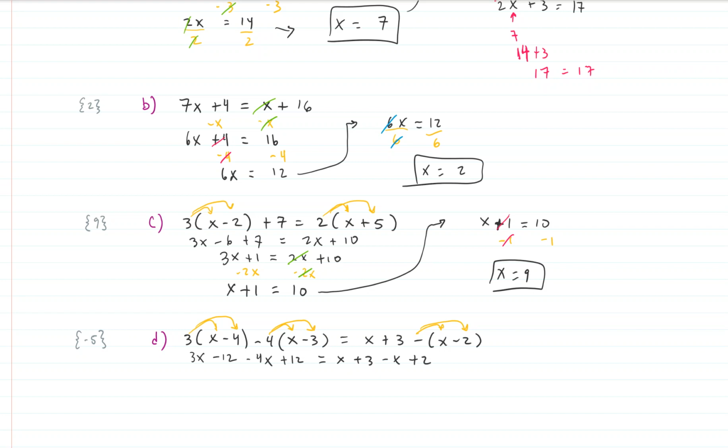Now let's do a little bit of combining. So we have 3x and negative 4x. That gives us negative x. Negative 12 and positive 12. Well, that's nice, right? That just cancels. And the right side, we have x and negative x. That also cancels. And we have 3 and 2, which give us 5.